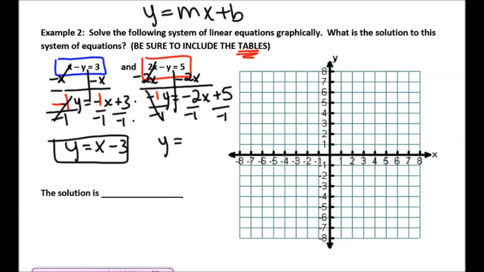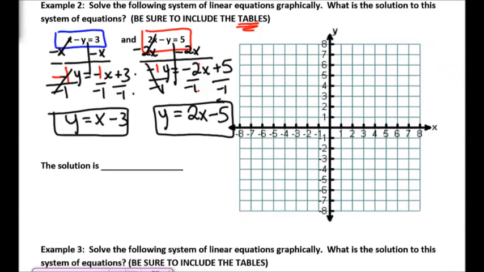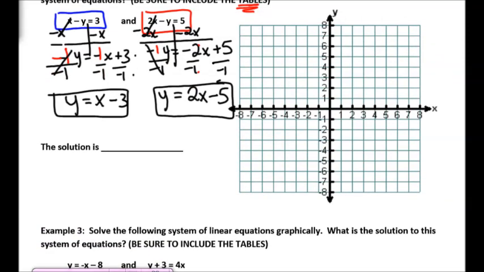Leaving us with y equals, now be careful here, negative 2 divided by negative 1 is a positive 2x. And positive 5 divided by negative 1 is a negative 5. All right, so again, we are going to be typing both of these equations into our calculators and copying down the table. So here we go.